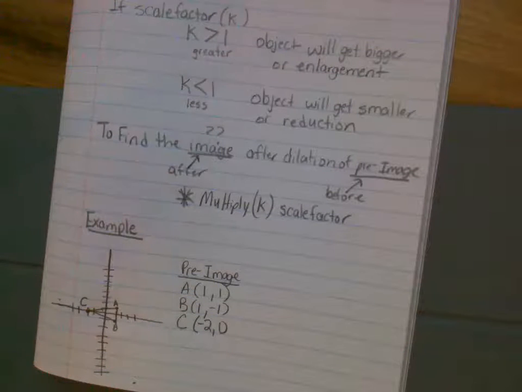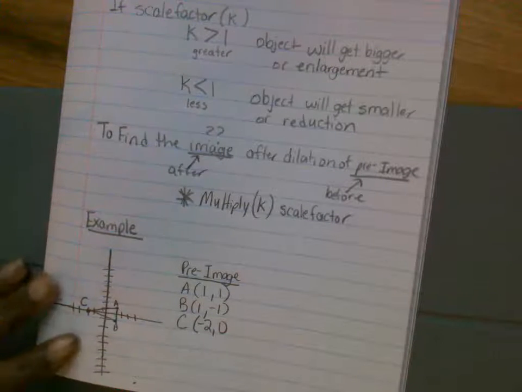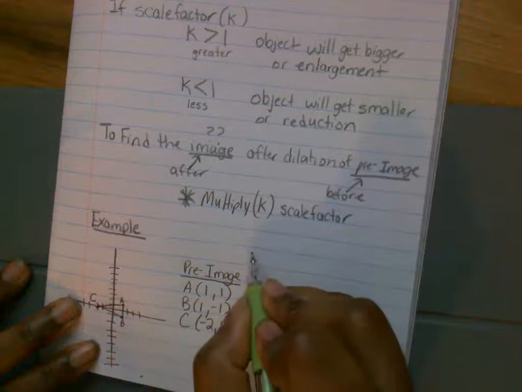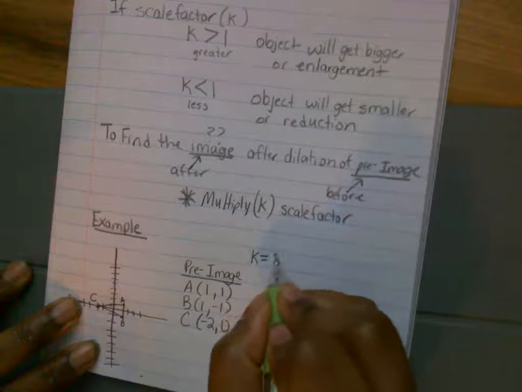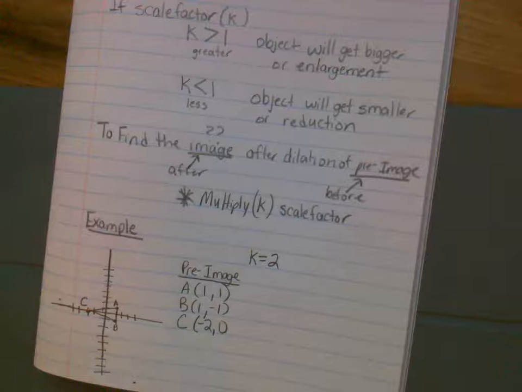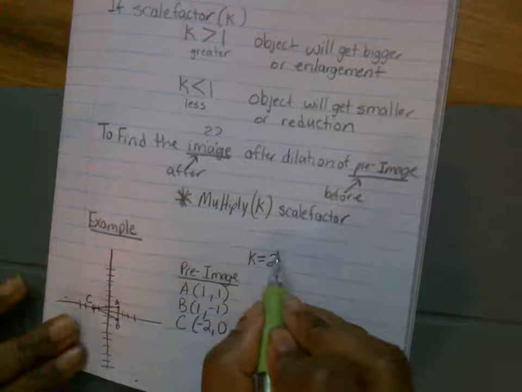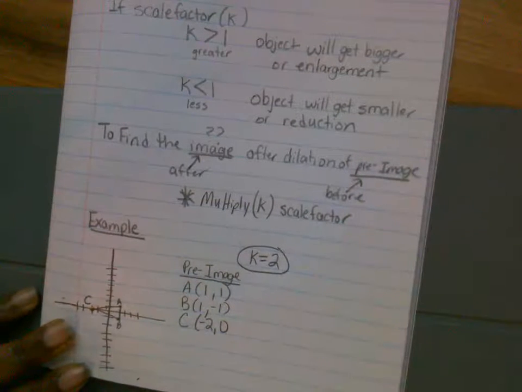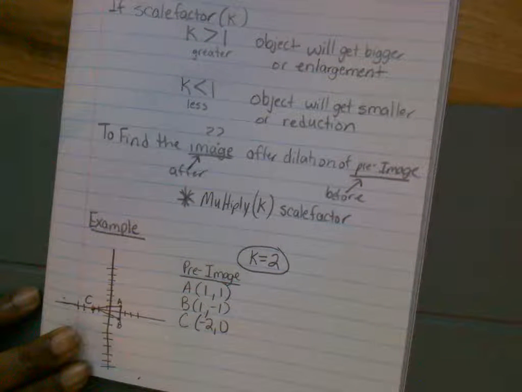Okay. All right. So now here it's saying, let's suppose that it says K is equal to 2. K is equal to 2. Okay. So if K is equal to 2, do you think my picture is going to get smaller? Or do you think my picture is going to get larger? Does anybody have any idea before I tell you?